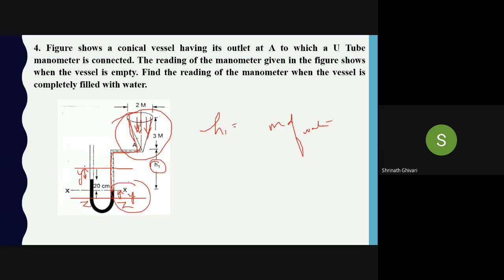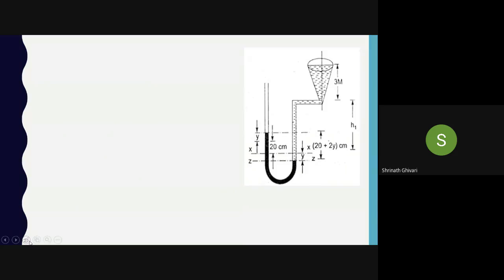Now what will be H2 here now? New H2: 20 plus 2Y will be the new H2, the difference in the mercury levels. You can see that the mercury has fallen by Y distance, and here it has risen up by Y distance.